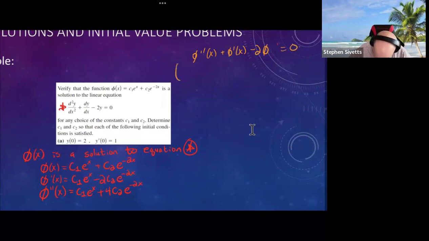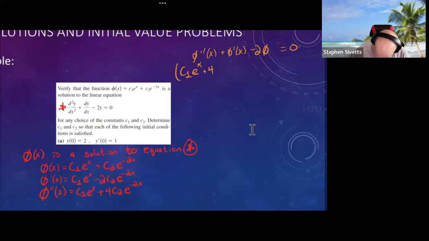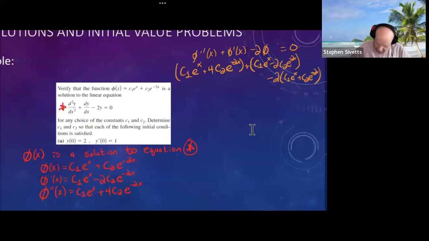So what that means is we'll have c1 times e to the x plus 4 times c2 e to the minus 2x, plus phi prime of x, which is c1 e to the x minus 2c2 e to the minus 2x, minus 2 times phi of x, c1 times e to the x plus c2 times e to the negative 2x, okay?